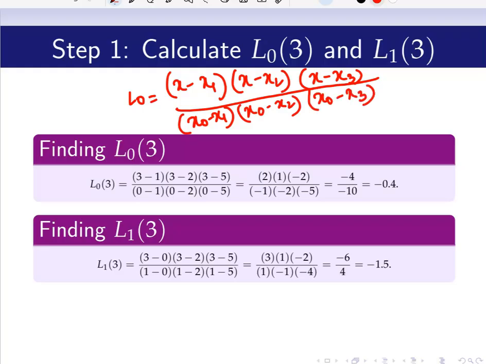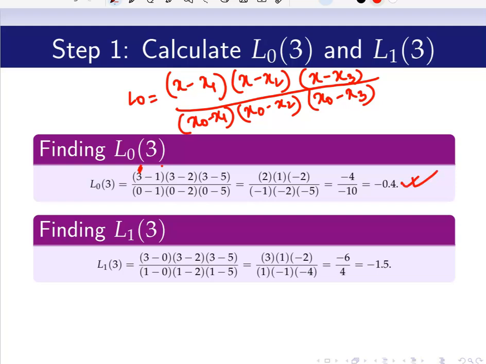So here x is 3 minus x1, x minus x2, then x minus x3, then divided by x0 minus x1, x0 minus x2, x0 minus x3. Now plugging all these x1, x2, x3, we'll get minus 4 by minus 10, that is 0.4.